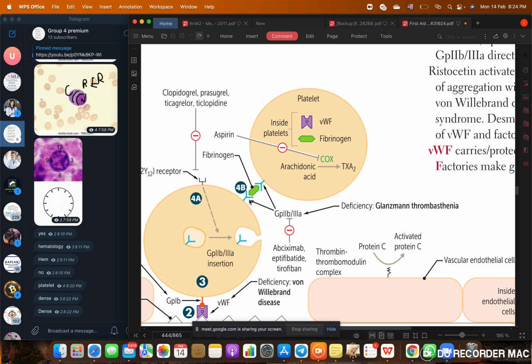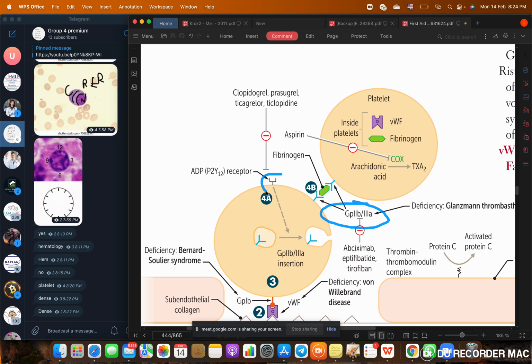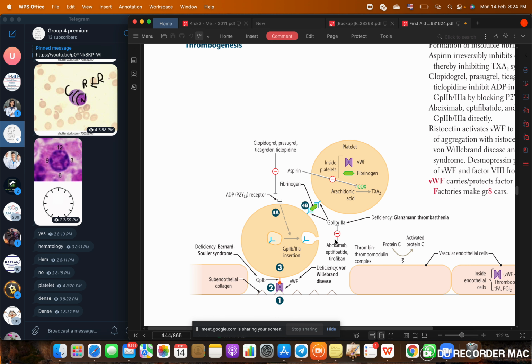Aggregation, for the sake of it to happen, you need the GP2B3A, and for the sake of stimulation of this receptor to be expressed, you need an activation of the ADP receptor, as you can see. As you can see, the GP2B3A only is inserted and expressed only if you do what? If you stimulate that receptor. Okay, good.